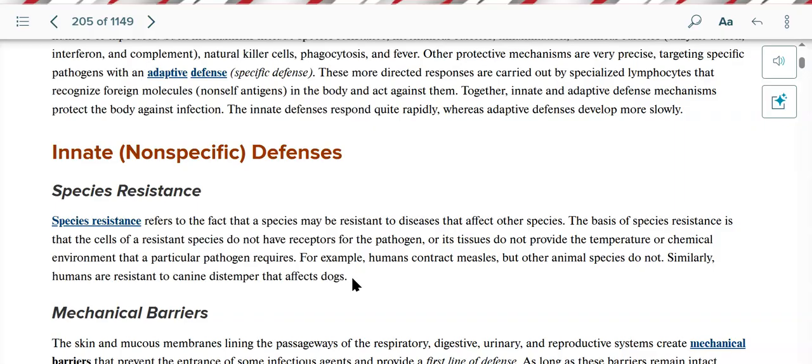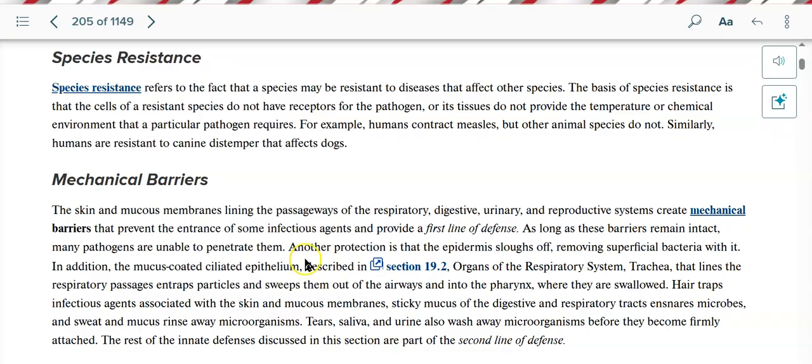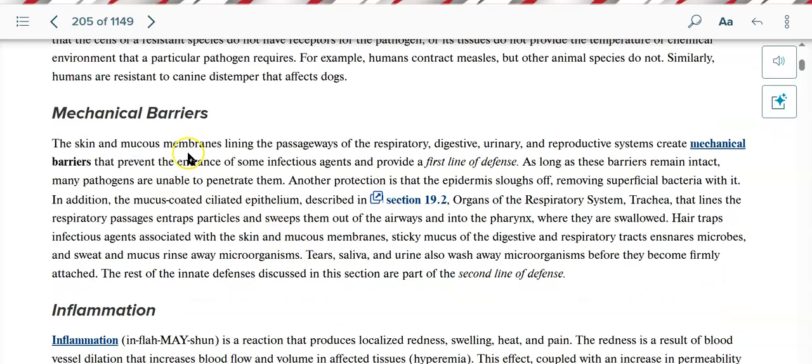Anyway, second of the innate defenses is mechanical barriers. Your skin and mucous membranes that line the passageways of your respiratory, digestive, urinary, and reproductive systems create mechanical barriers that simply prevent the entrance of some infectious agents and provide the first line of defense. As long as these barriers are intact, many pathogens are unable to get through them.